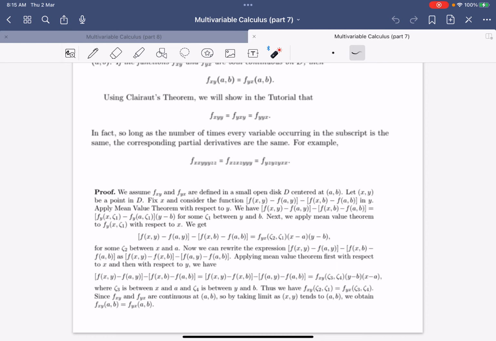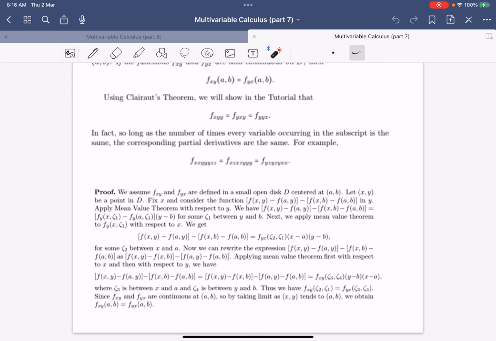And so if you fix x and you are given this function in y, then applying the mean value theorem, you get that f(x, y) minus f(a, y) minus f(x, b) plus f(a, b), this is the function, will equal some derivative times y minus b.